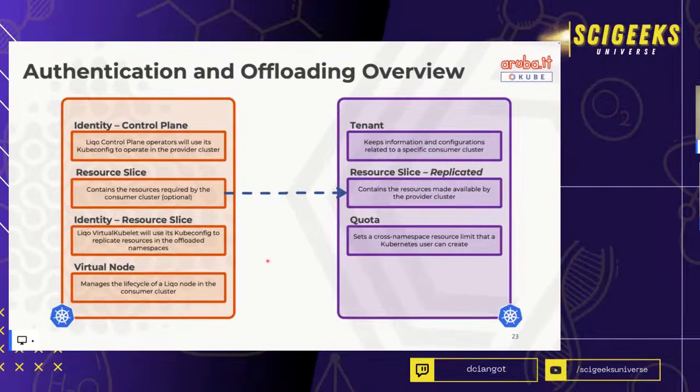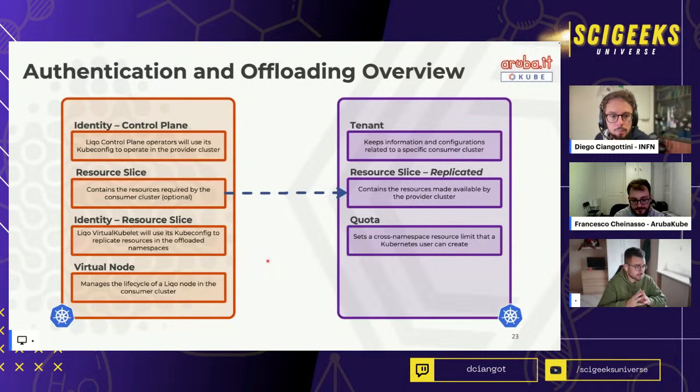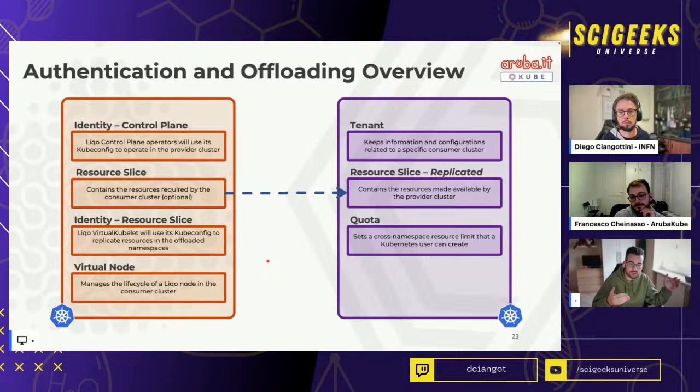What we do in the authentication and in the offloading modules is to make the consumer cluster able to schedule and run pods, services, etc. in the provider one, and to give the virtual kubelet the permissions that it requires to schedule them.